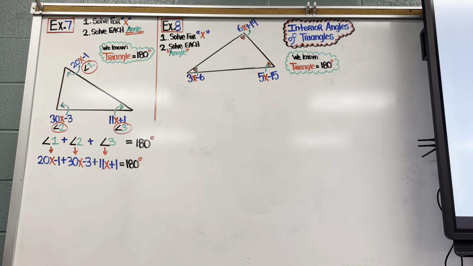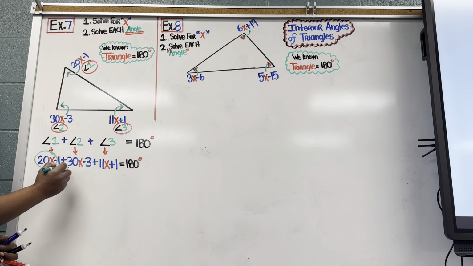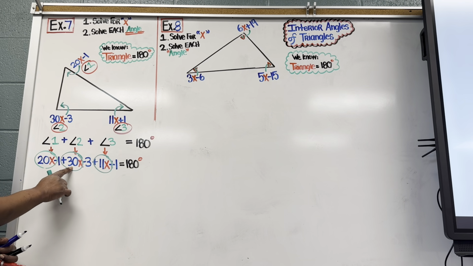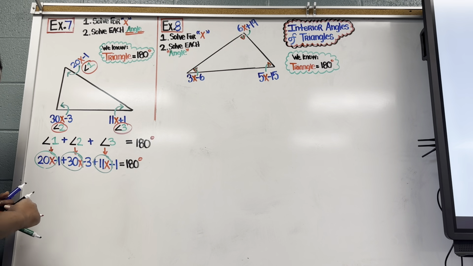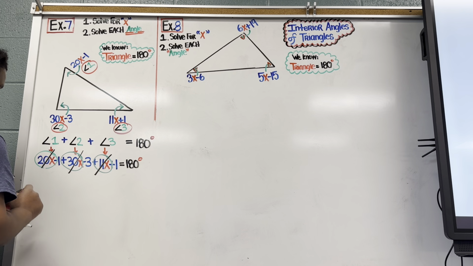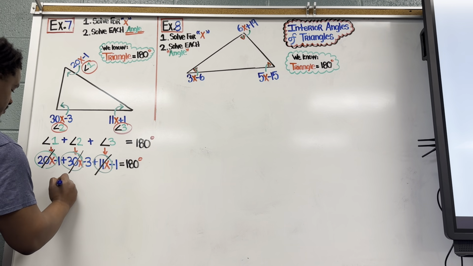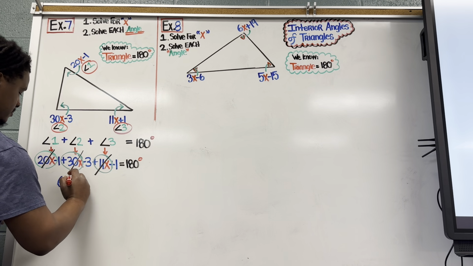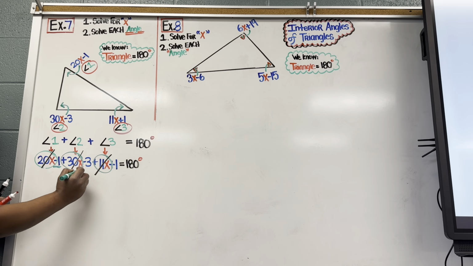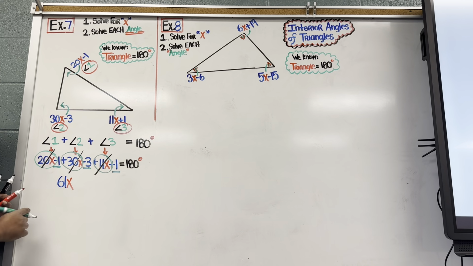Now we need to combine like terms. Let's combine the coefficients of the x's. Positive 20x plus positive 30x plus positive 11x: 20 plus 30 is 50, 50 plus 11 is 61, so that becomes 61x. Next, we have a negative 1, a negative 3, and a positive 1.